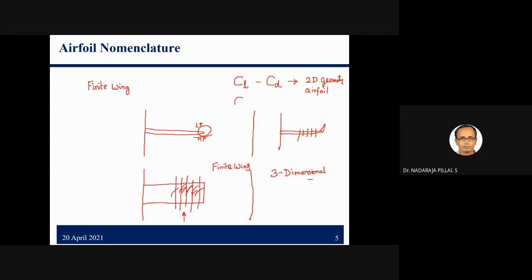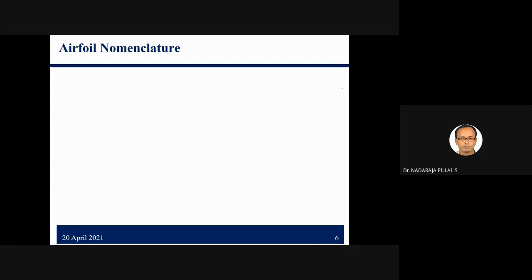But if I mention capital C, capital L or capital C, capital D, then it is the characteristics of a wing, which is in turn 3D, right? So this is the convention most aerodynamicists follow. So please note this. We will move to the next point.